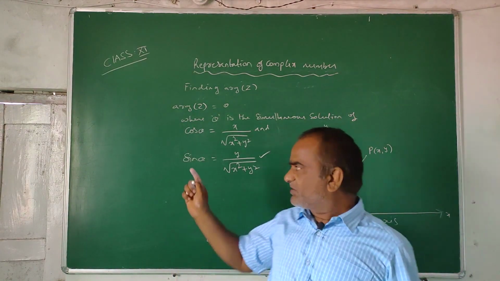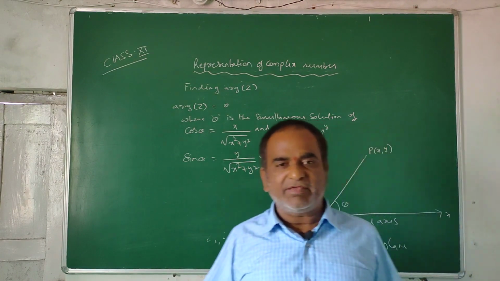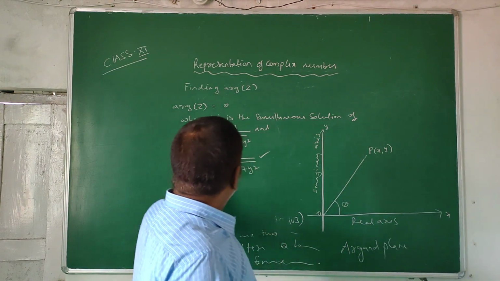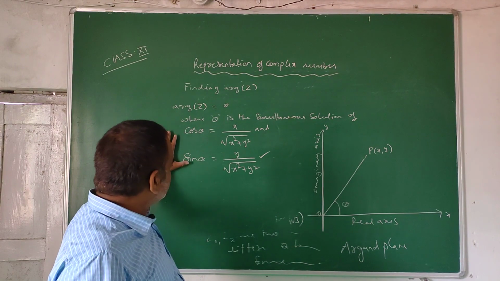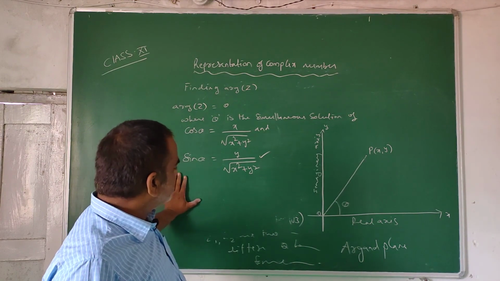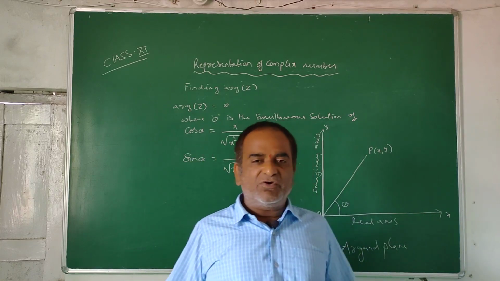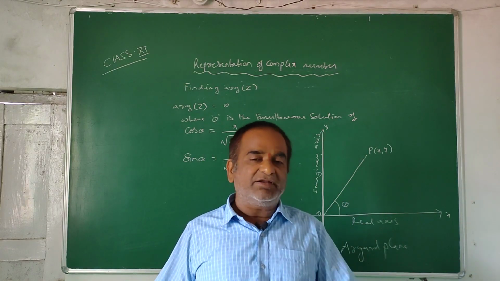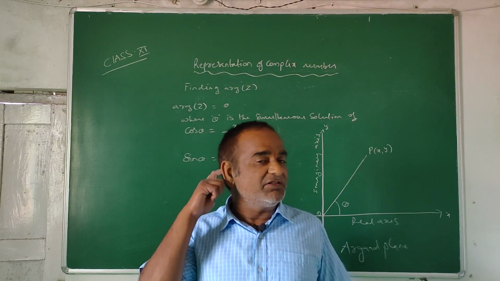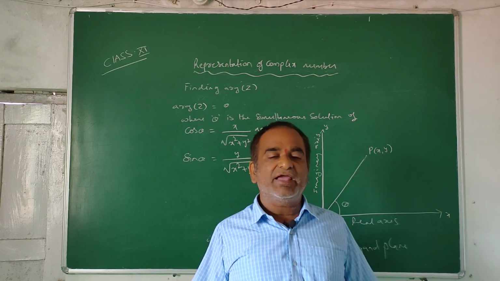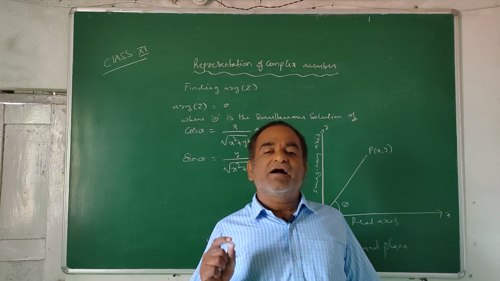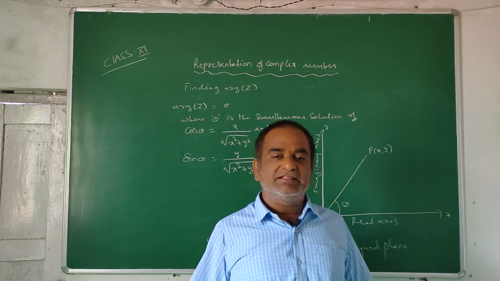Using this, you will not be having any problem. So you can use these two equations to get argument of z. Understood? So here you have to note a point clearly, that argument of z depends on the quadrant in which the complex number lies.